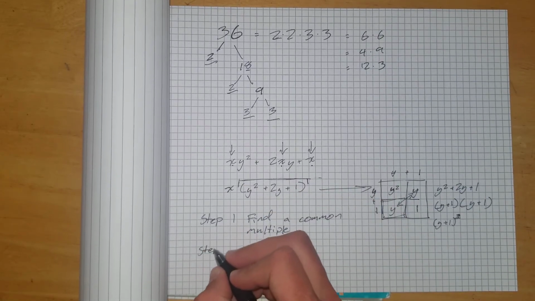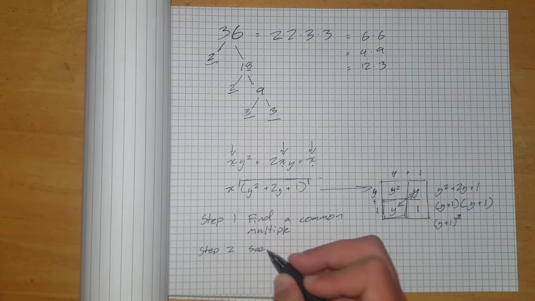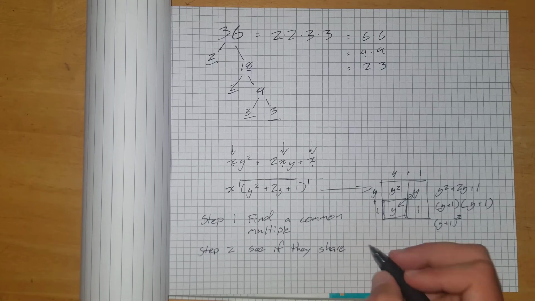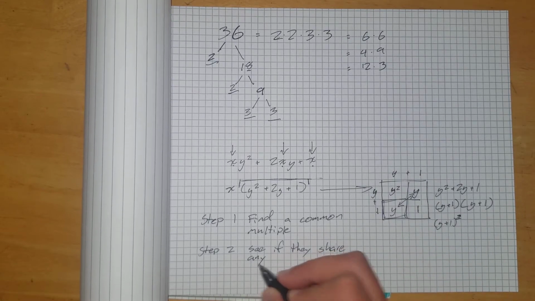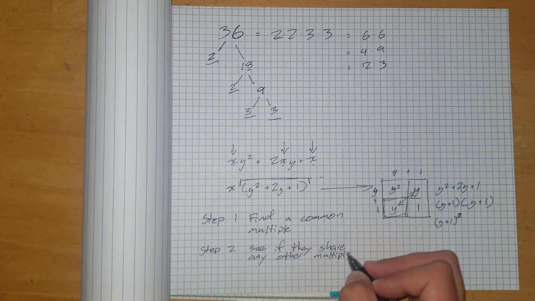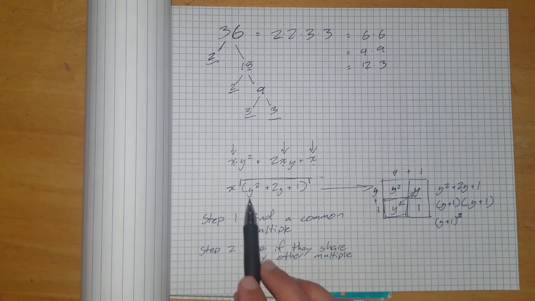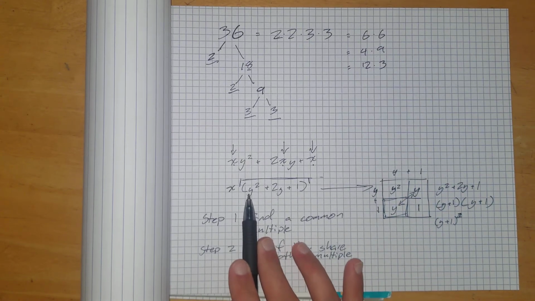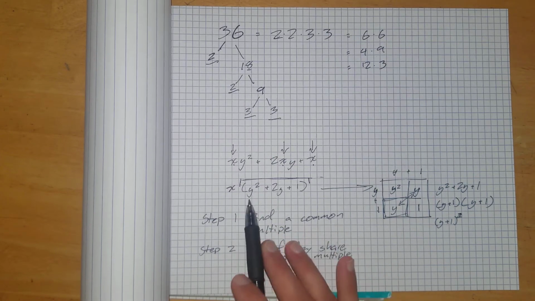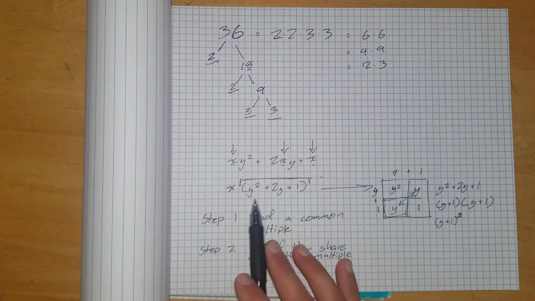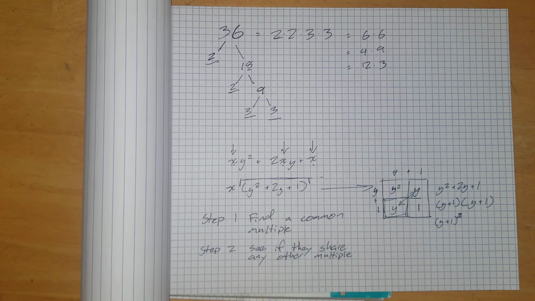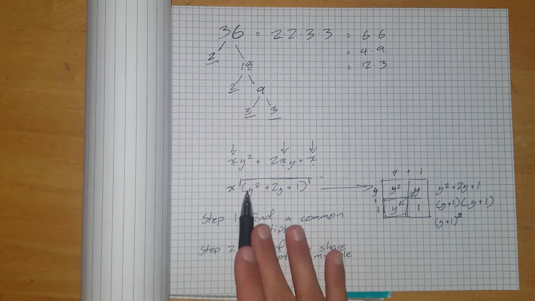Step 2, see if they share any other multiples. We didn't really do this step, but look, the only thing that these three share is 1. I can pull 1 out of each of these. The only other thing this has is a y, but I can't pull y out of here, correct? So I can't simplify this down anymore.